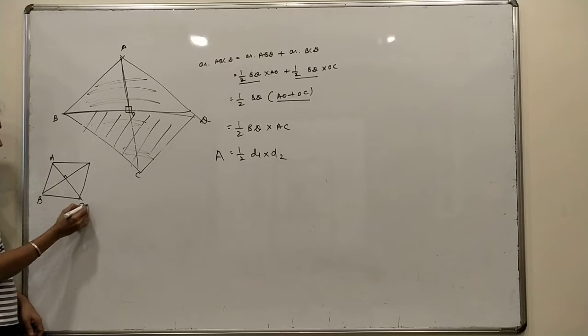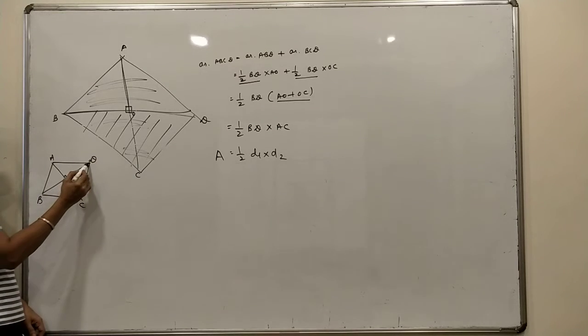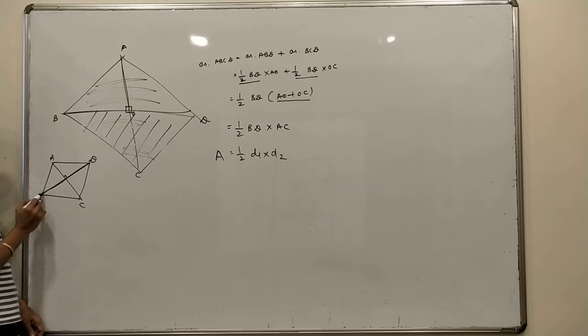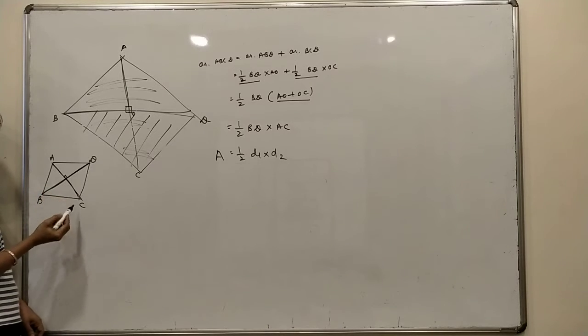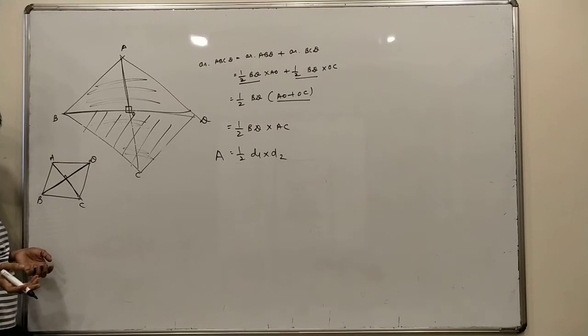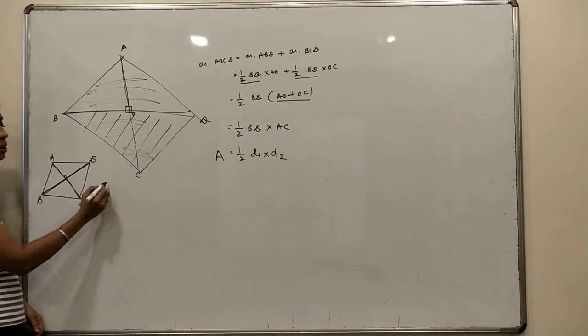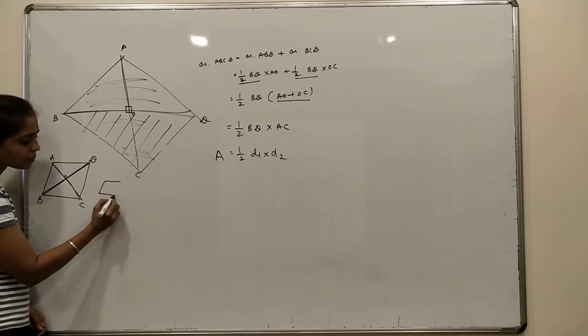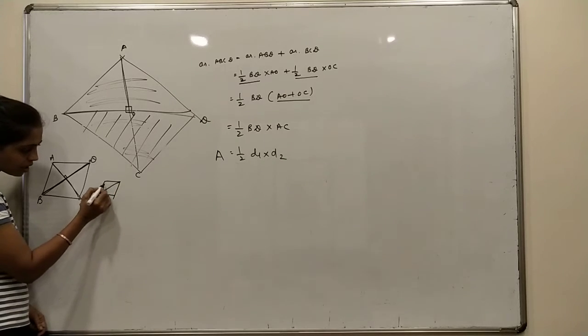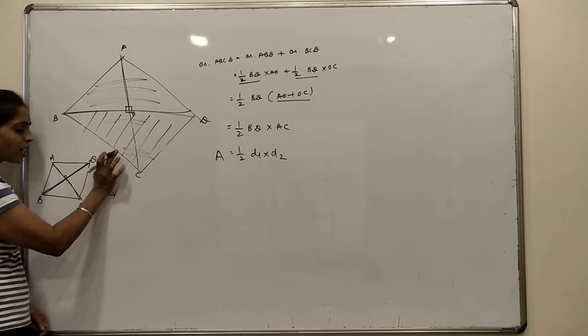A, B, C, D. You can see that one diagonal is greater than the other diagonal. Diagonals are not same in a rhombus. One diagonal is long and one diagonal is short, right?